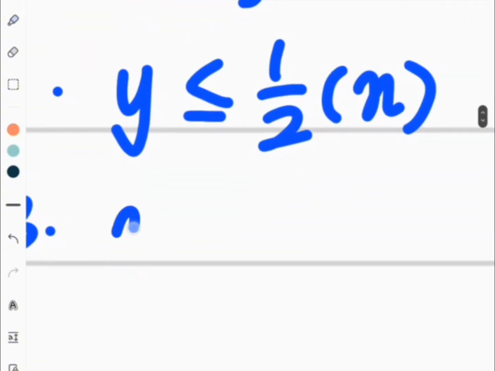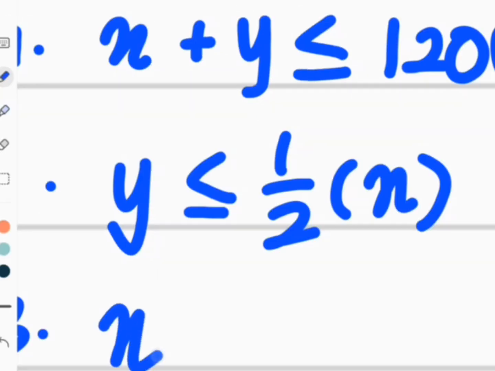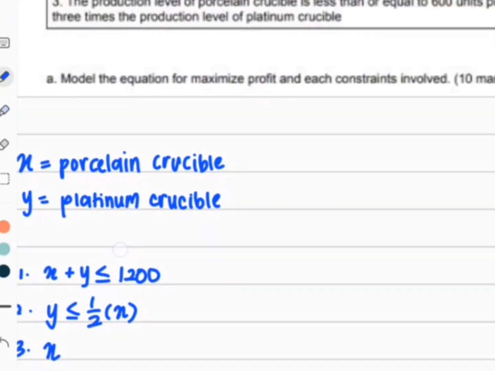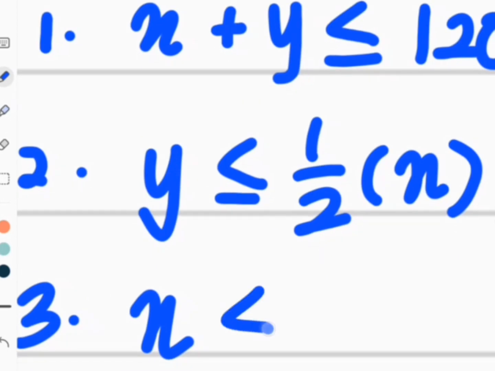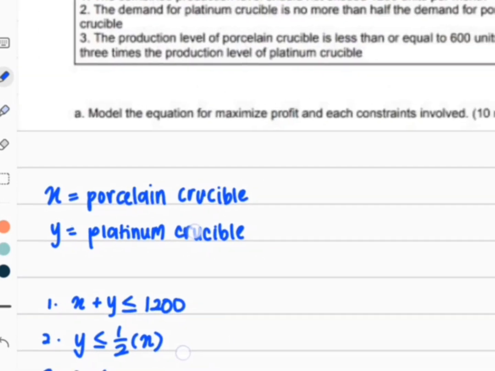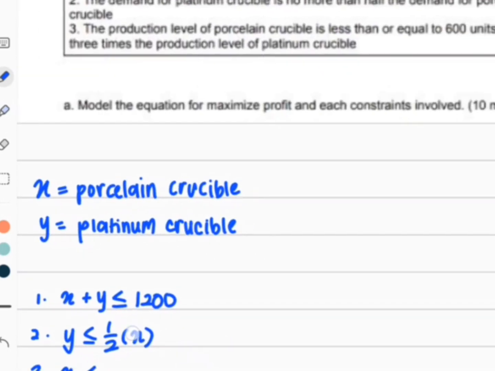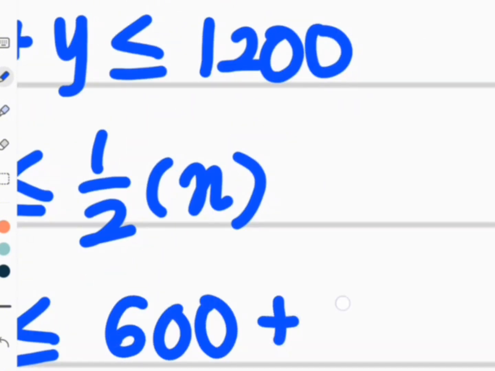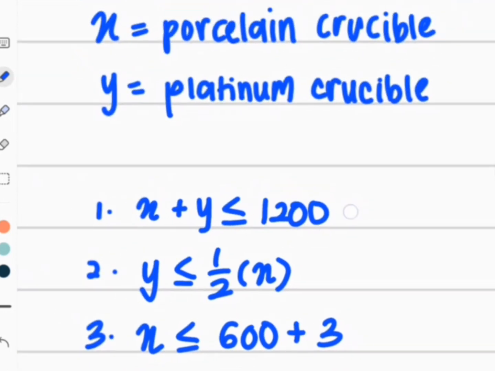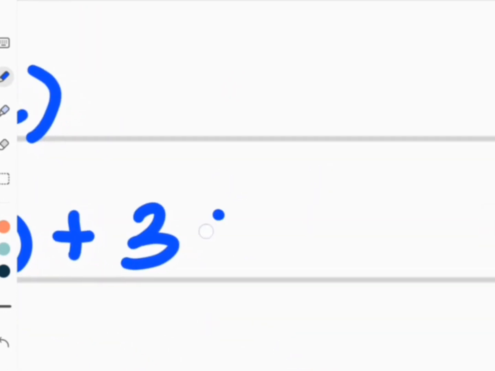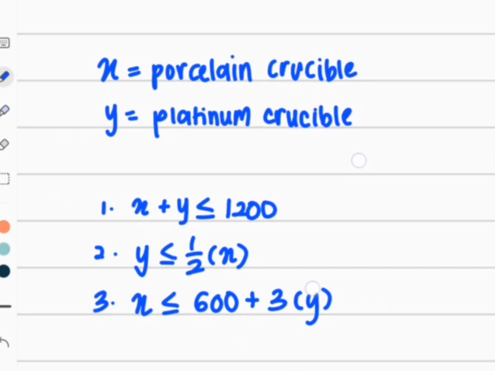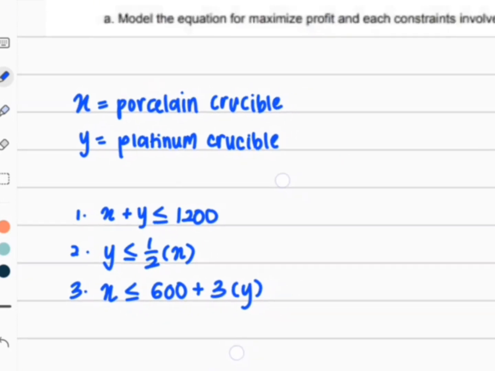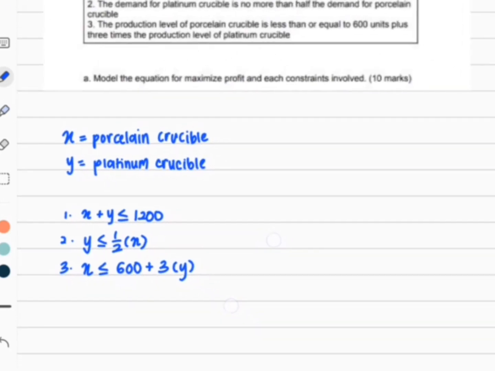So X is less than or equal to 600 units plus 3 times of platinum crucible, Y. So this is the model equation for maximum profit and each constraint involved.